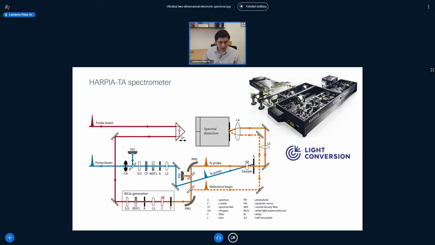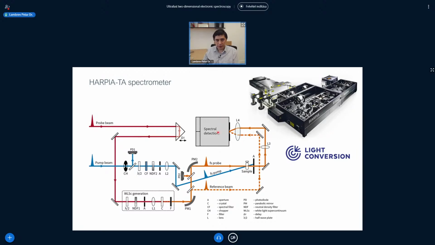This is often done just by focusing it on some kind of crystal, for example, sapphire, and then it becomes white light. Then you focus it on the same spot on the sample, and then we have to pick the transmitted probe beam, and focus it onto our spectral sensitive detector.